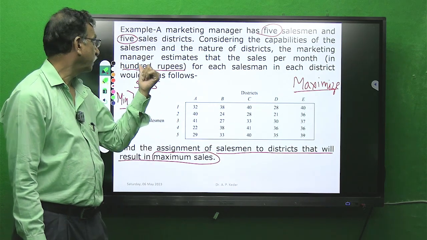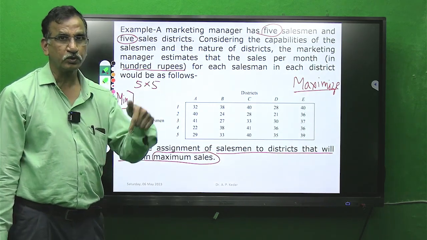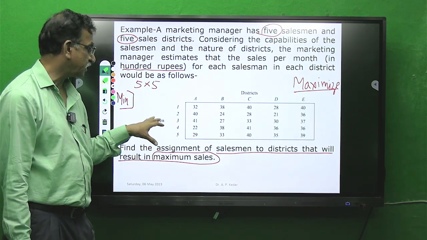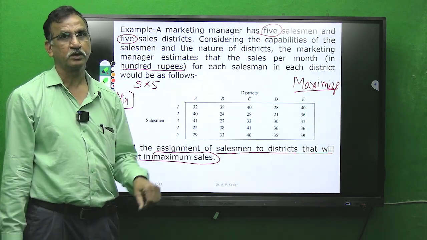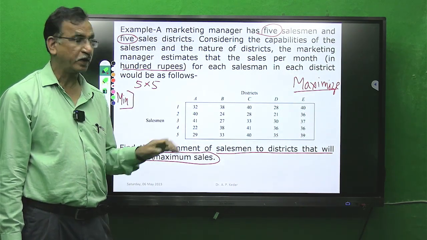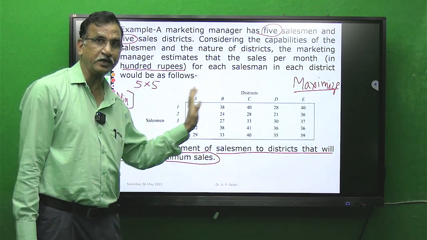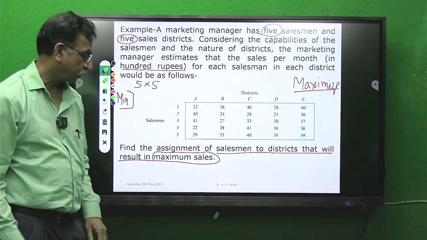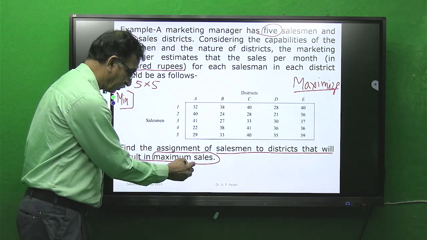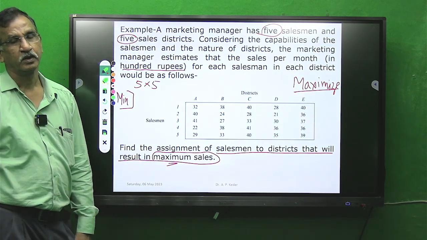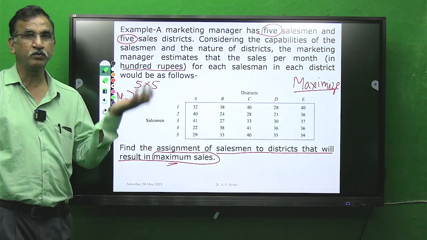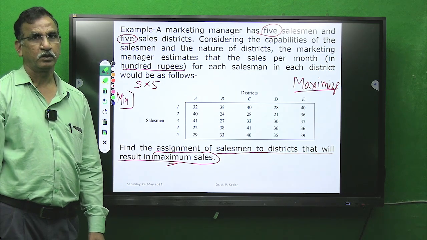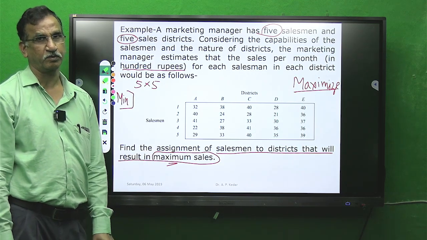Now looking at the values given in hundreds of rupees, you have to assign these salesmen to the districts in such a way that, by proper assignment of these salesmen to the districts, sales is maximized. So this is a reverse category of assignment problem.